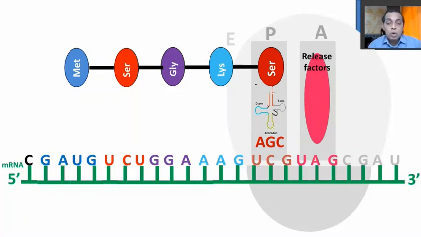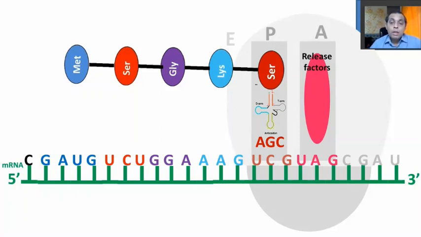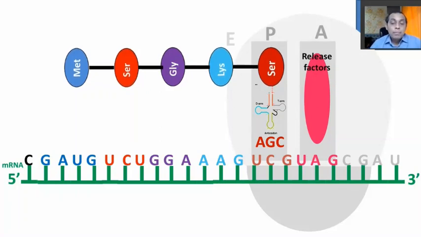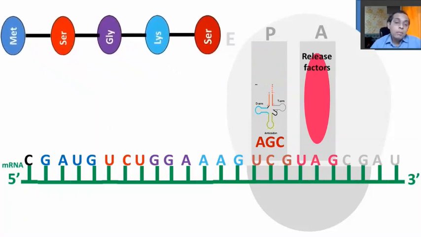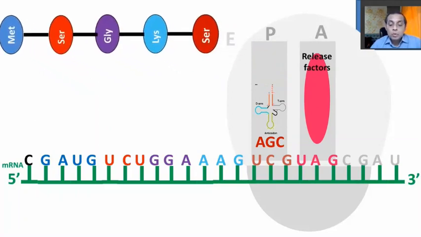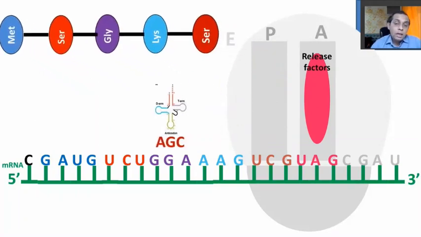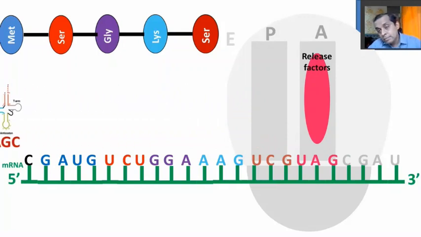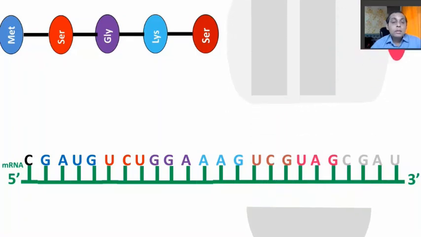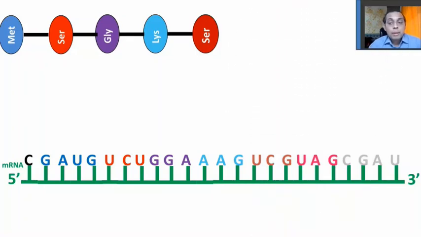Because the stop codon does not code for any amino acid, the release factors are going to help release this peptide chain, and it will be isolated outside the ribosome. The tRNA will exit, and this is how the peptide chain is formed.